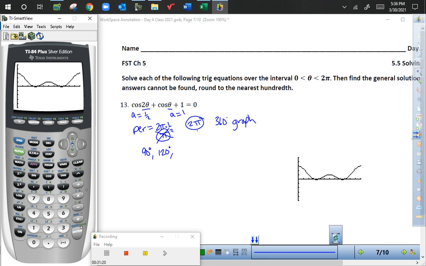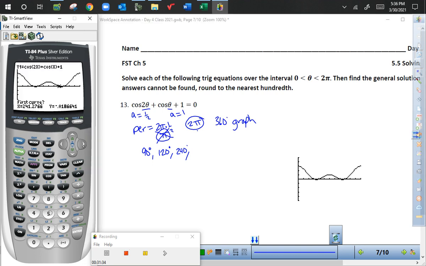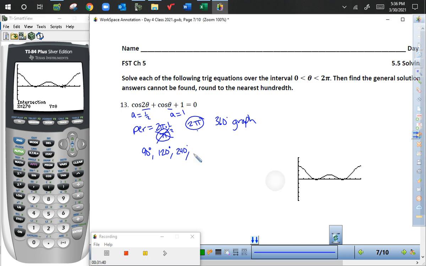Third one is 240. And I'm guessing this next one is 270. It is. Okay, what I want you to do is pause the video and see if you can finish this one.